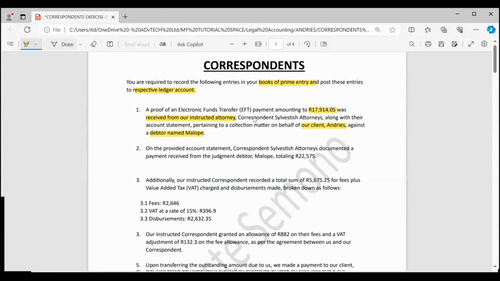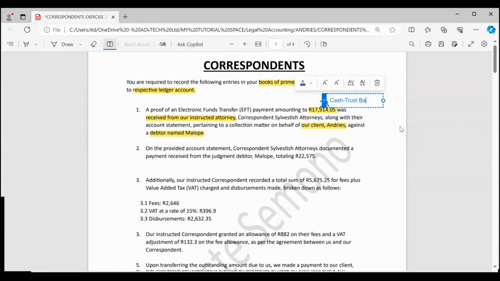At the moment, we need to analyze the fact that we are receiving cash. And when we receive cash, something must come to our mind. This cash is trust, so it will affect the trust bank account, or you can just say trust cash book.